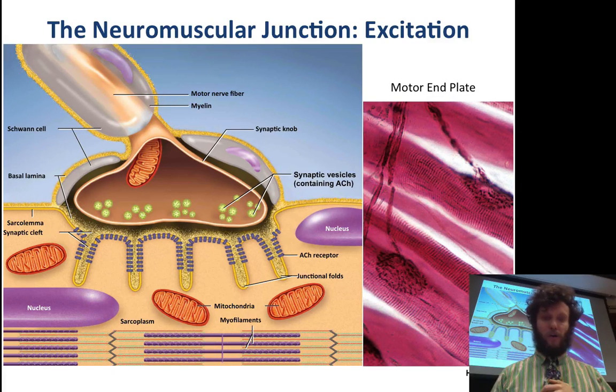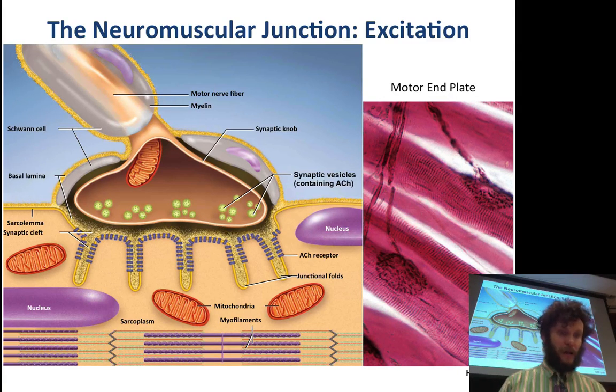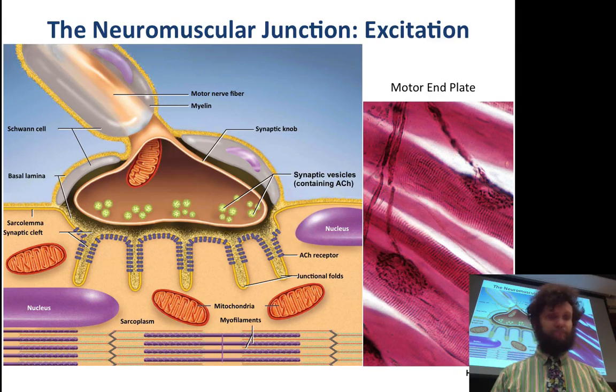So these are cholinergic receptors. Then there's the synaptic cleft, where the presynaptic membrane is opposed by the postsynaptic membrane that is loaded with these cholinergic receptors that are embedded in the sarcolemma right there.